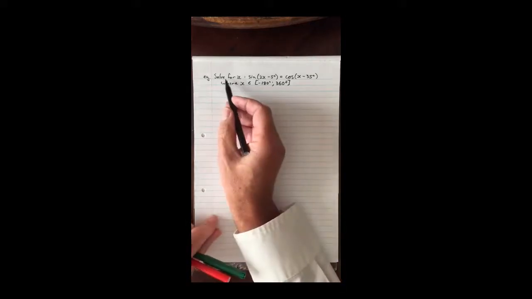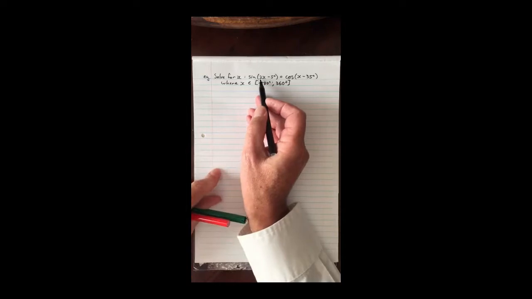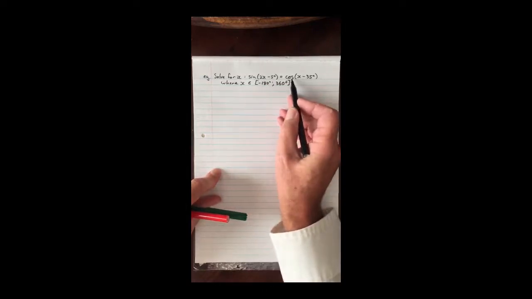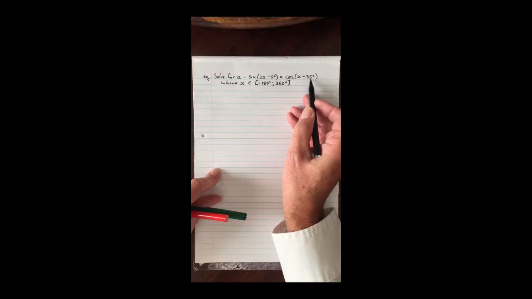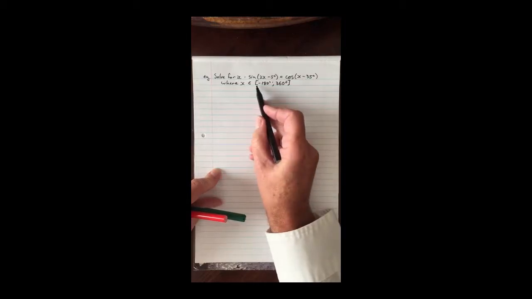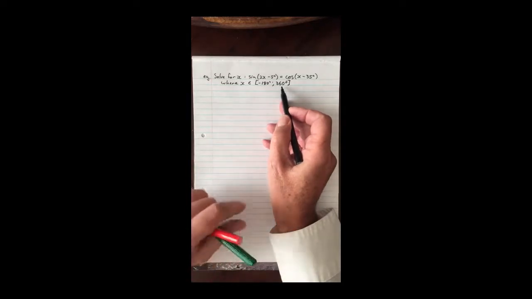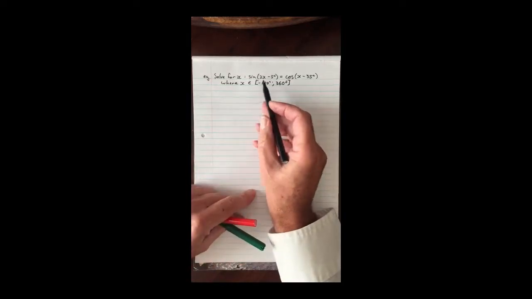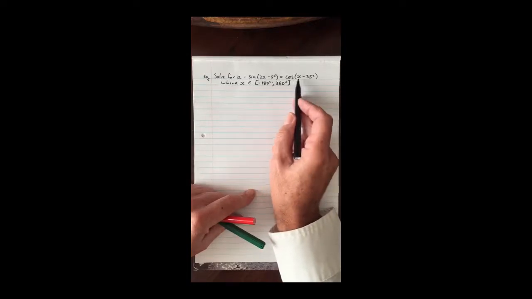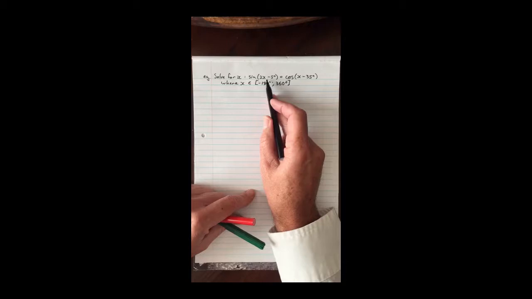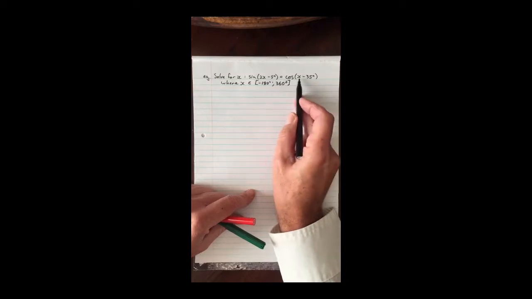Good. Let's continue from here now and see what we need to do. Solve for x, where sine of (2x minus 5) equals cos of (x minus 35), where x exists in the interval minus 180 to 360 degrees. We don't have definite actual values that we can equal either the left-hand side or the right-hand side to.